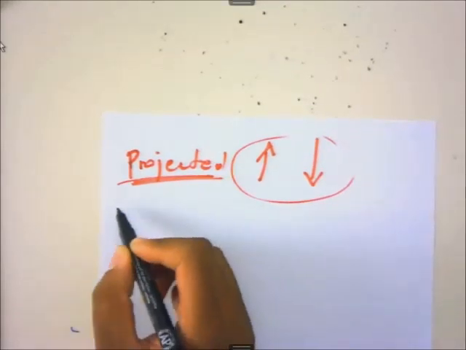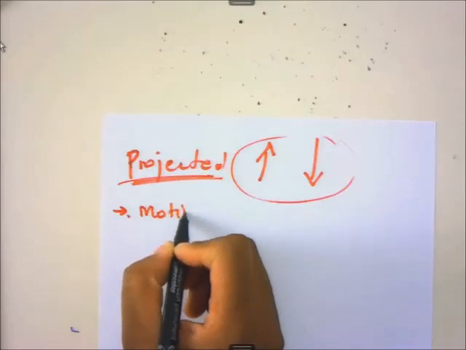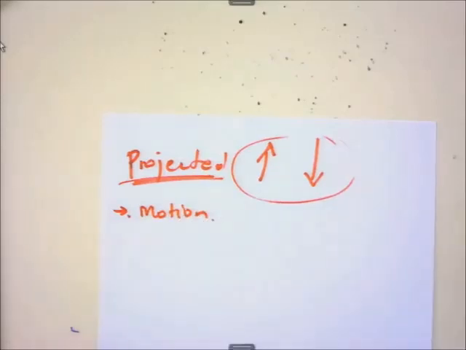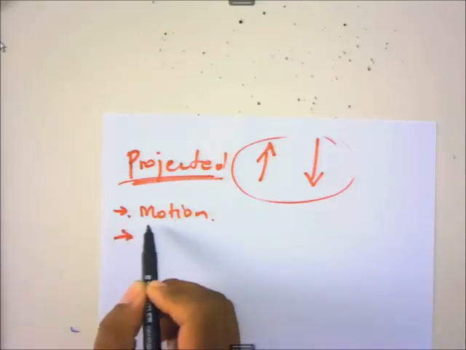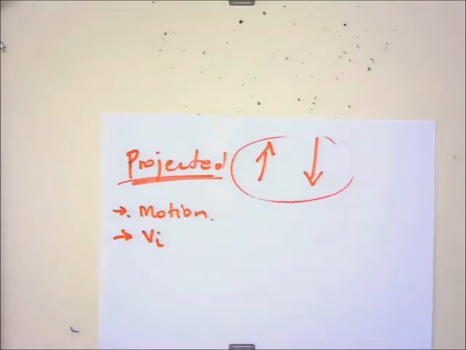You must be able to determine the motion. What is the motion of the object? But while you determine the motion of the object, you must also be very careful that when the object is moving, each and every object, whether it is projected upward or downward, will have an initial velocity.